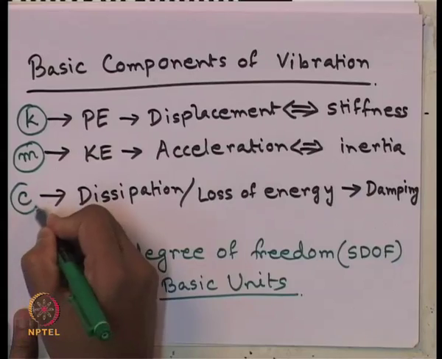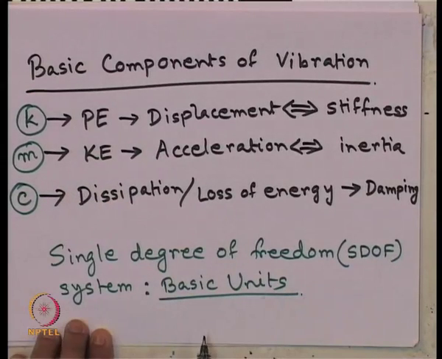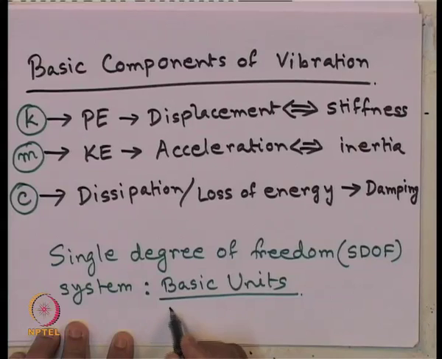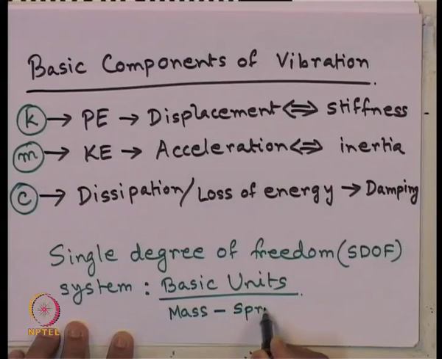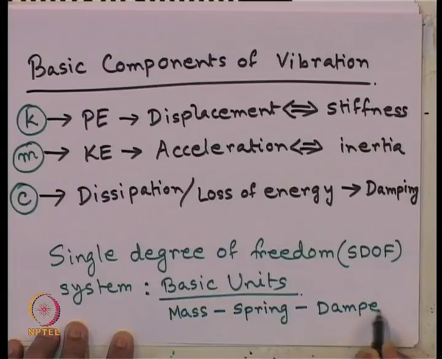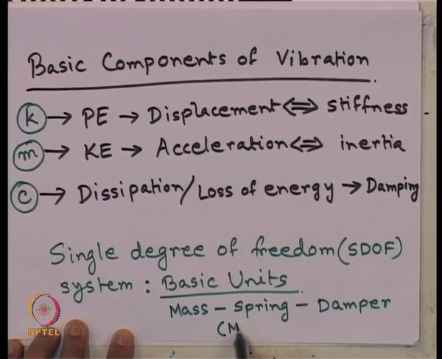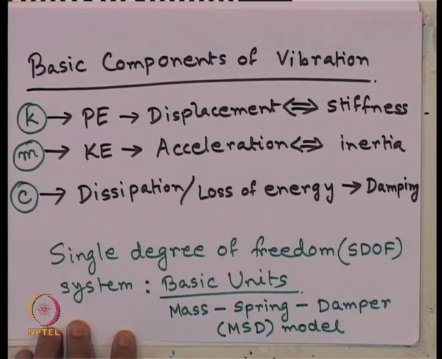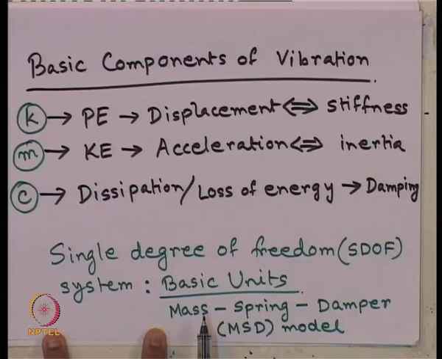a damper. So, the basic units of a single degree of freedom system are mass, spring and damper, which in short is called the MSD model. So, it is clear why in a simple vibrating system we need these three essential components, because these three define all the basic components of vibration.